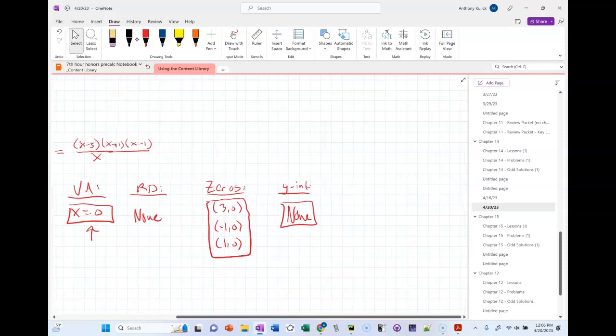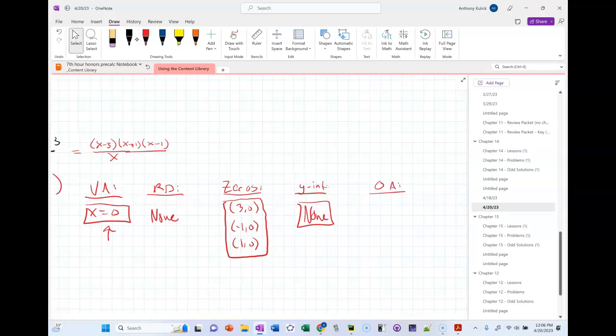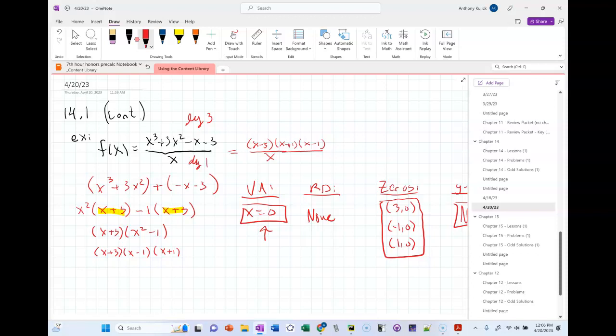And then the last thing are the other asymptotes, right? So here's where we need to compare the degrees. We have a degree 3 over degree 1. So what are we going to have to do to find the asymptote here?